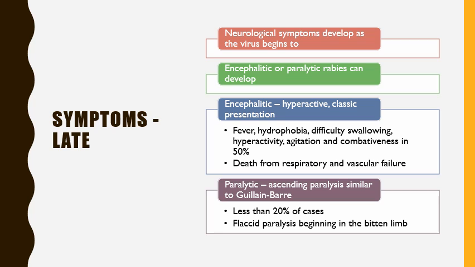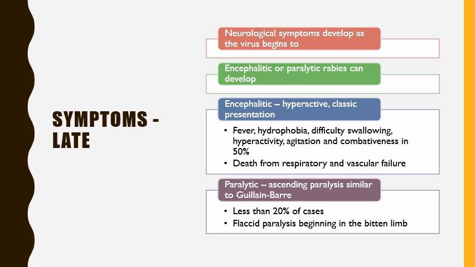With that, you would see the hydrophobia, so fear of water, and it's usually attributed to the fact that patients develop difficulty swallowing, and then in combination with the hyperactivity, they develop this extreme aversion to water. So you'd see hydrophobia, as well as fever, agitation, and combativeness.